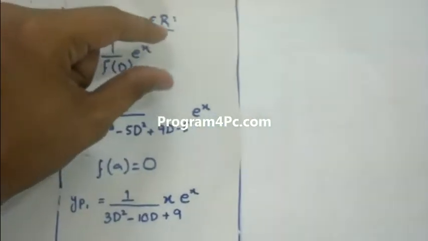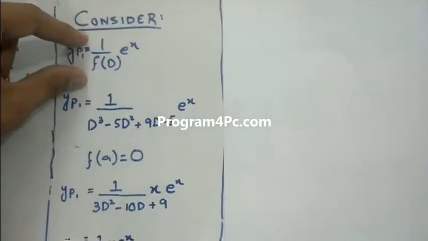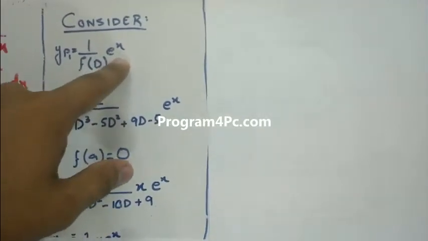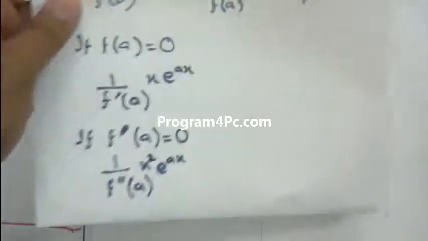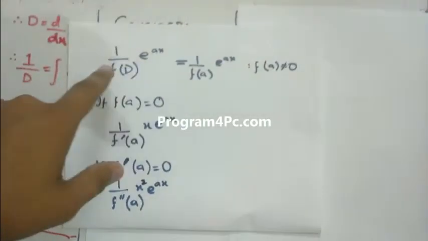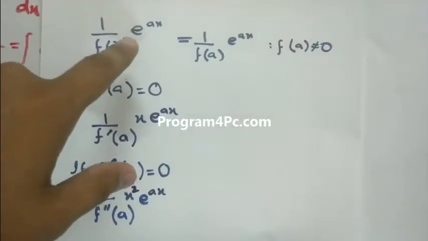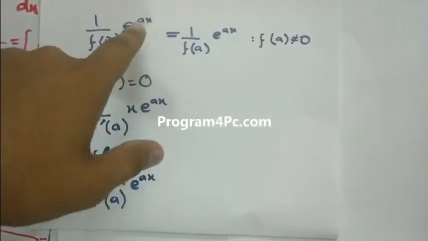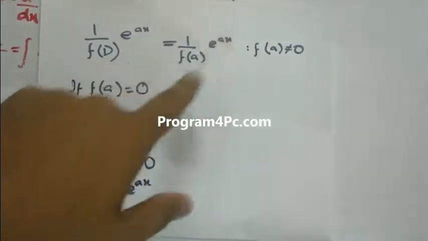If we have to find the particular integral of this type of equation, where the function of x equals e power ax, then we have a unique solution: the function of D is replaced by f(a).